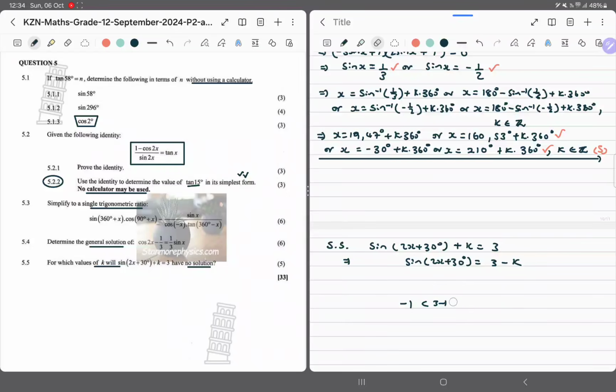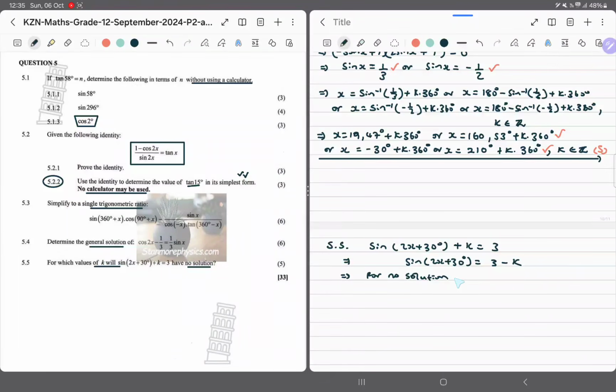This is the algebra. So it is valid when this value is less than 1. In fact, less than or equal to 1. So this will be valid when it's less than or equal to 1, greater than or equal to minus 1. Outside these values, then we don't win. So we can say now, essentially this implies that this situation is undefined, or it has no solution. We can say for no solution.